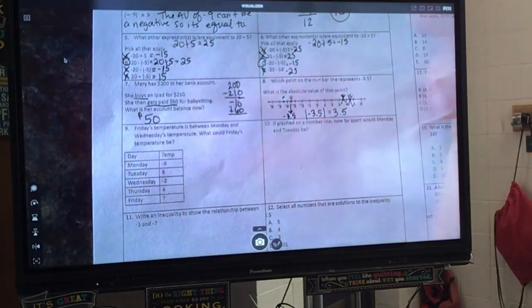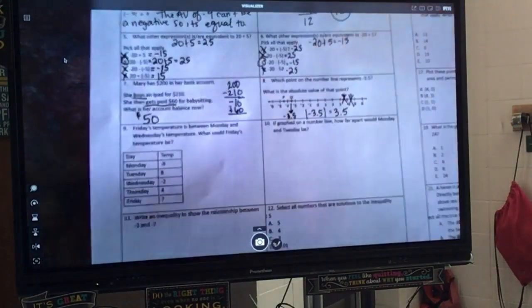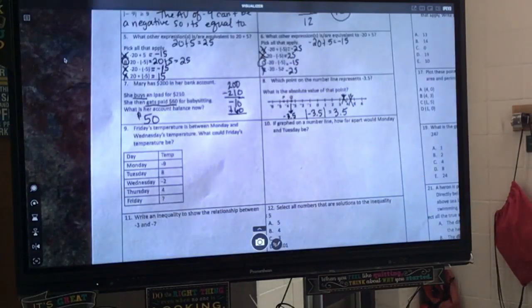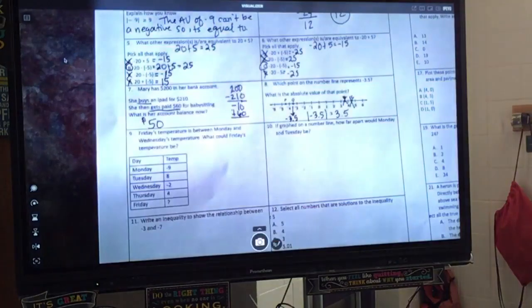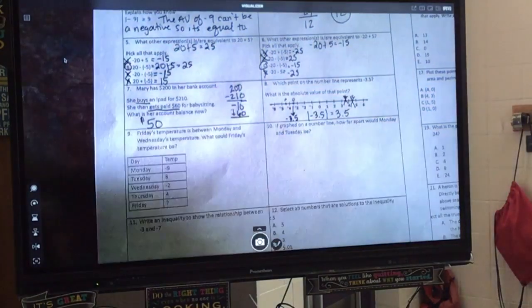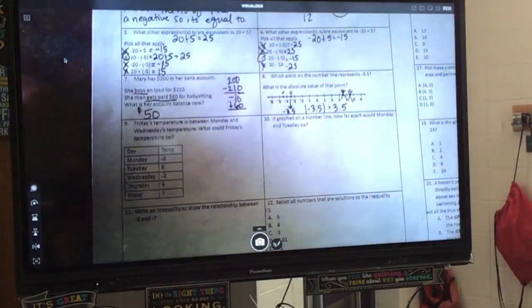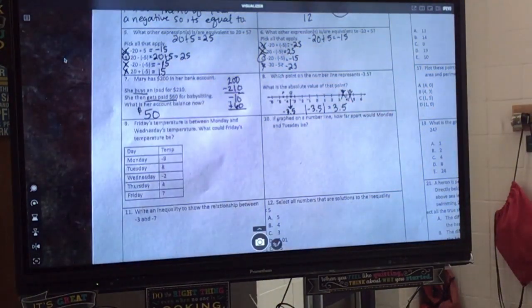Alright, so now we're on Friday. What is the range of our possible temperatures for Friday? It can't include, because it says between Monday and Tuesday. I want you to give me the range, but it can't be -2 and it can't be -9.